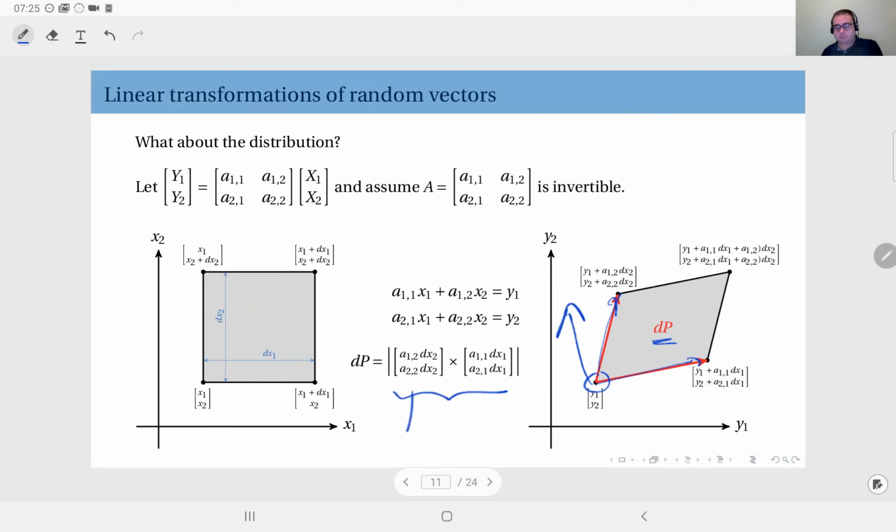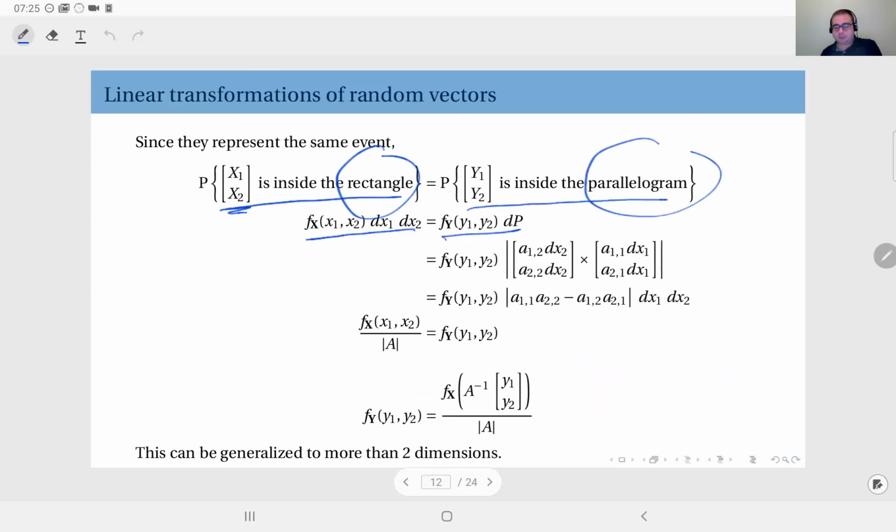You just write these two vectors as a matrix, and you get their determinant. So by definition, the area of the parallelogram can be written as the magnitude of the cross product of these two vectors, which when you expand, you get this expression. And this expression here is the absolute value of the determinant of matrix A, the transformation matrix.